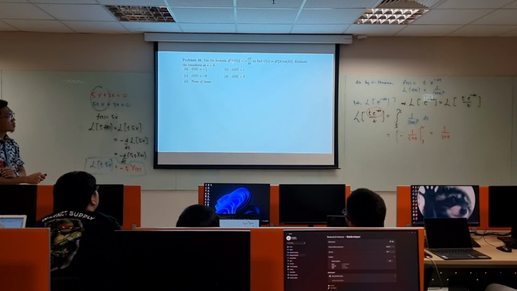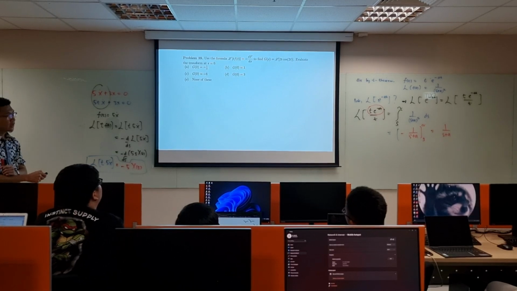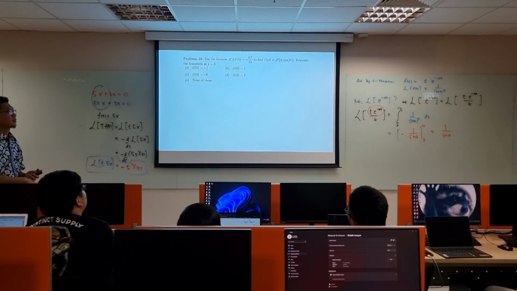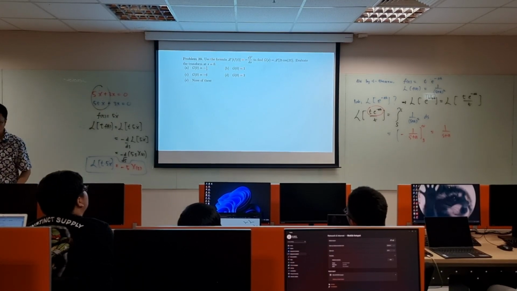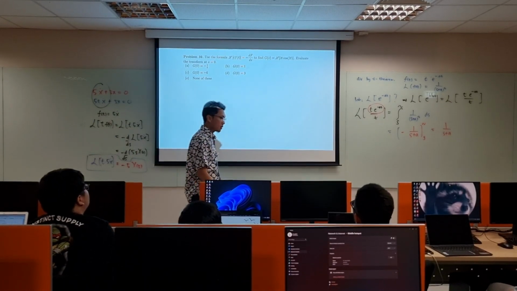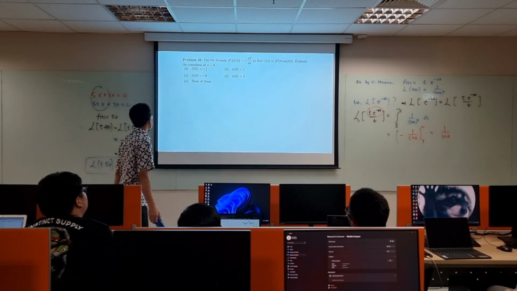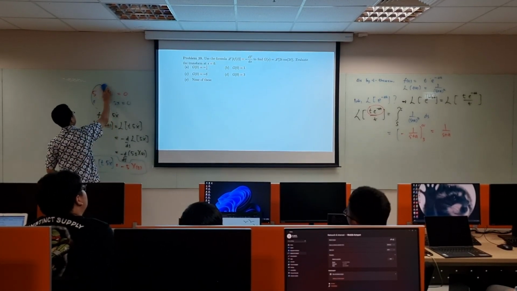You are asked to use the multiplication by t, right? So this will be your f(t) times t. So how do we choose? Which one is f(t)? Let me remove this. cos 2t.